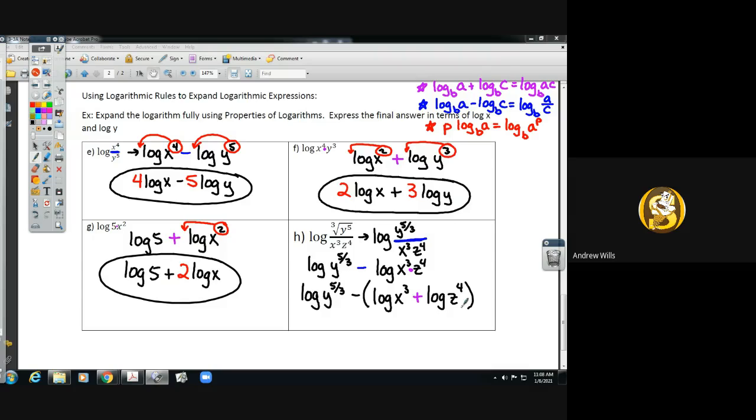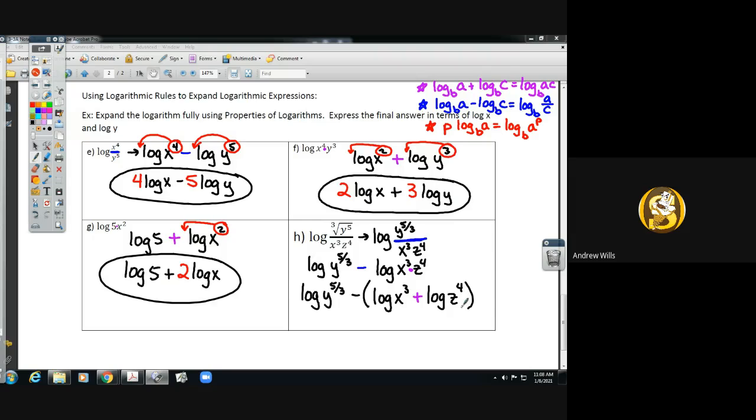I'm putting that in parentheses because those two would have to be recombined before the subtraction is addressed so that they both end up on the bottom of the fraction. See what I'm saying? So those need to be in parentheses.